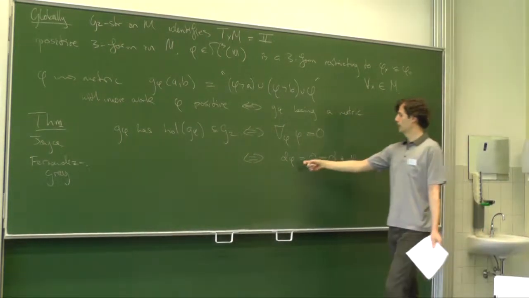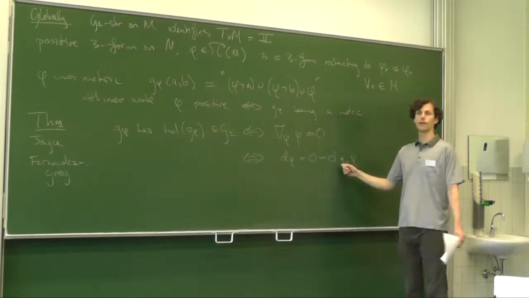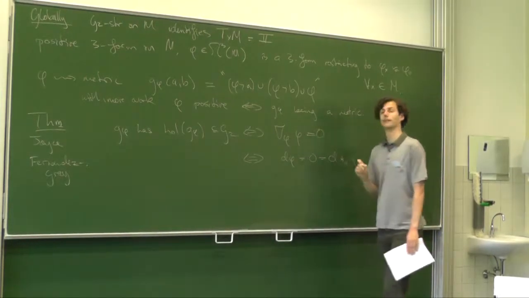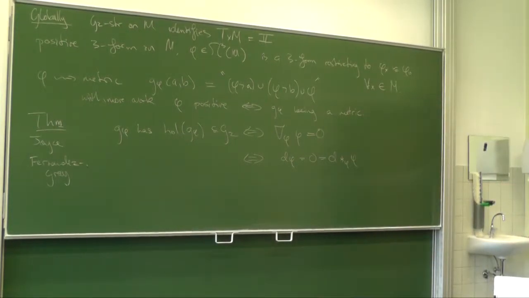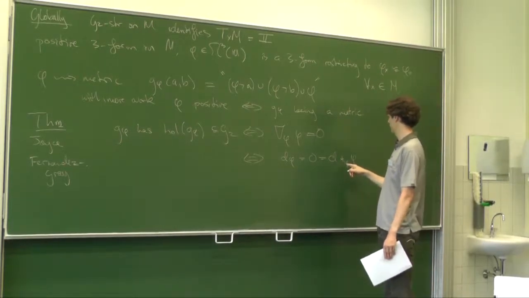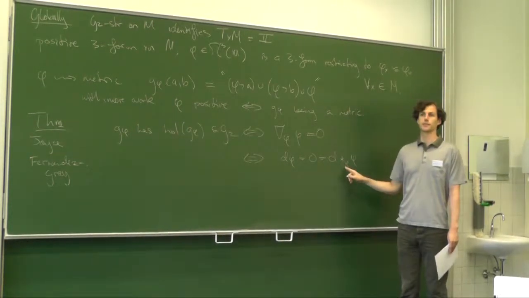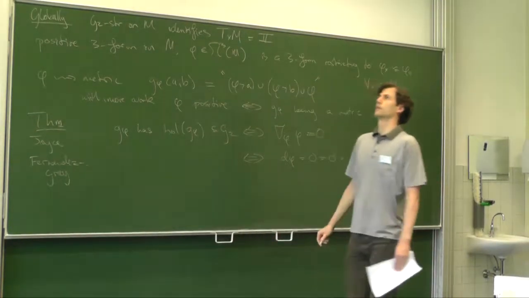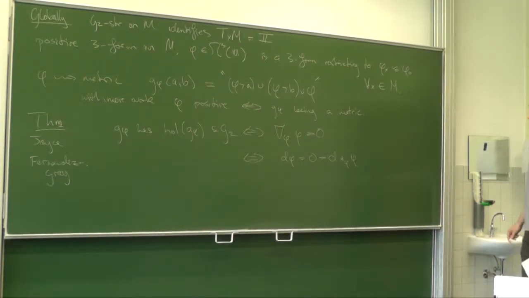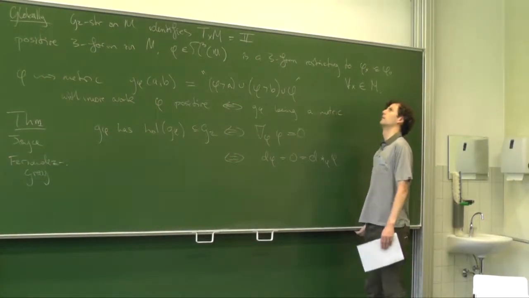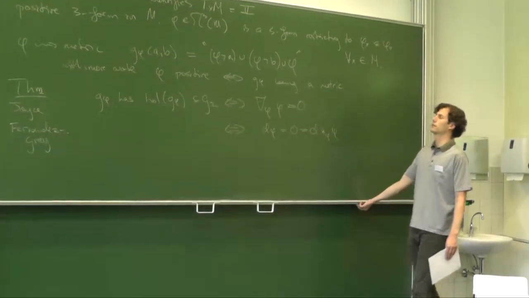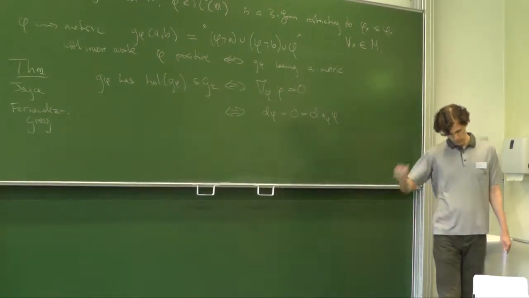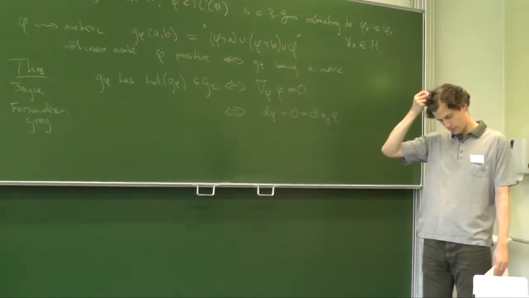This equation looks surprisingly simple until you realize that the star is given by the metric. So this is a set of linear PDEs, but the complication comes in because phi is involved in the definition of the star. So it's non-linear. The star does depend on phi, and the product does depend quadratically.